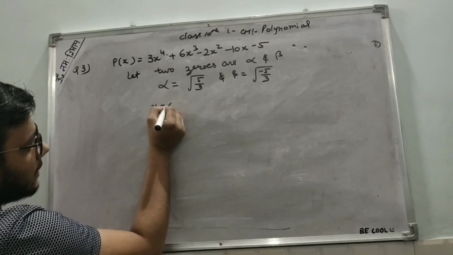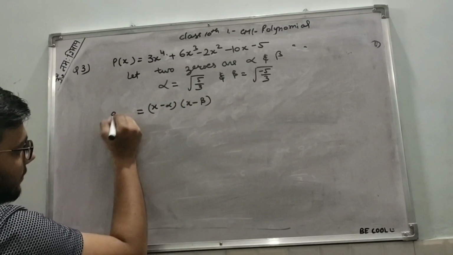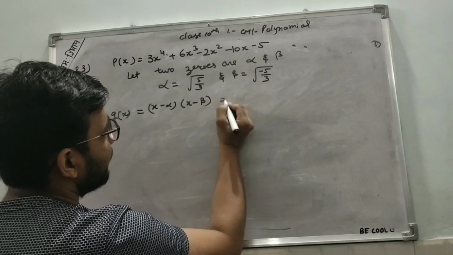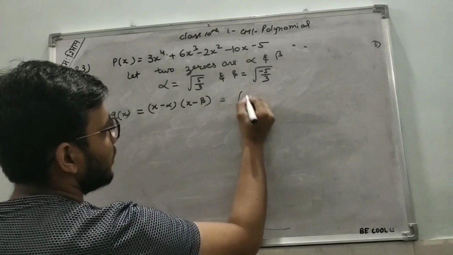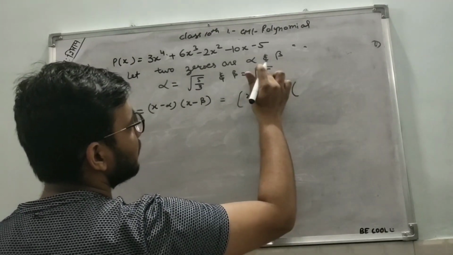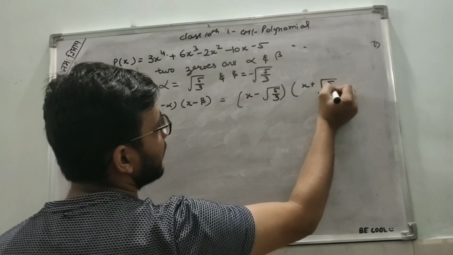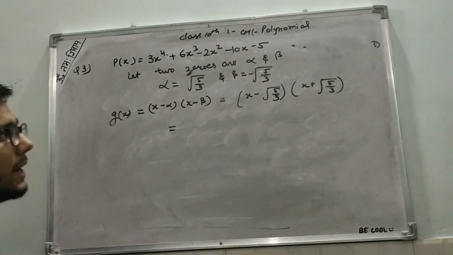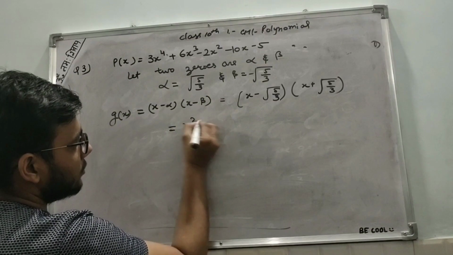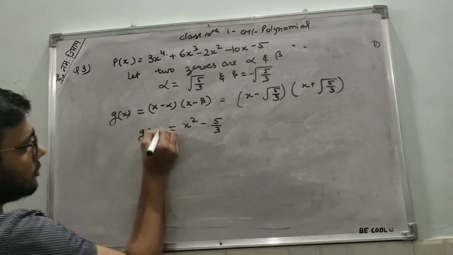So (x - alpha)(x - beta) becomes your g(x) as a factor, which gives you (x - square root of 5 by 3) and (x + square root of 5 by 3). (x - a)(x + a) gives you x^2 - a^2, that is x^2 - 5/3. This is your g(x).